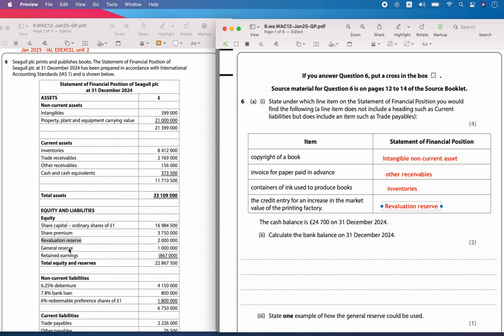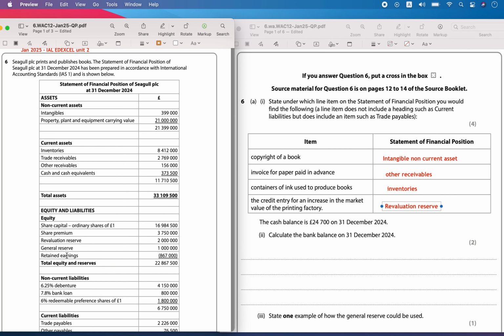You should also know what a general reserve is. This reserve is created when profit is transferred here for a non-specific purpose, like purchase of machinery or paying dividends or issue of shares. I could use this money.